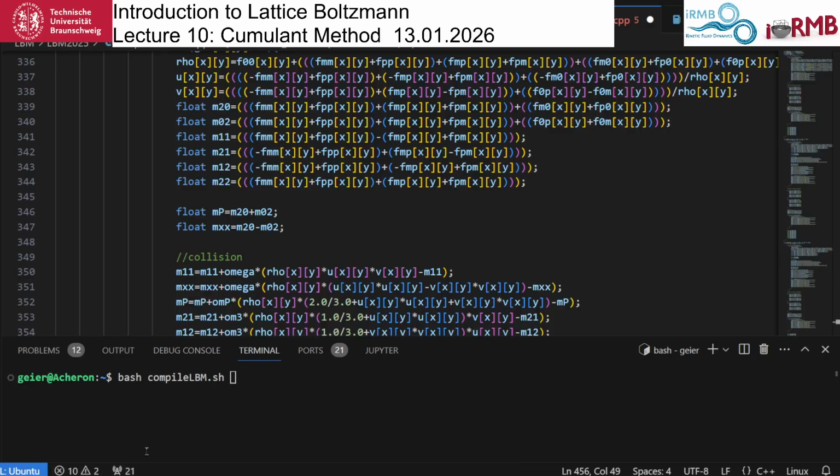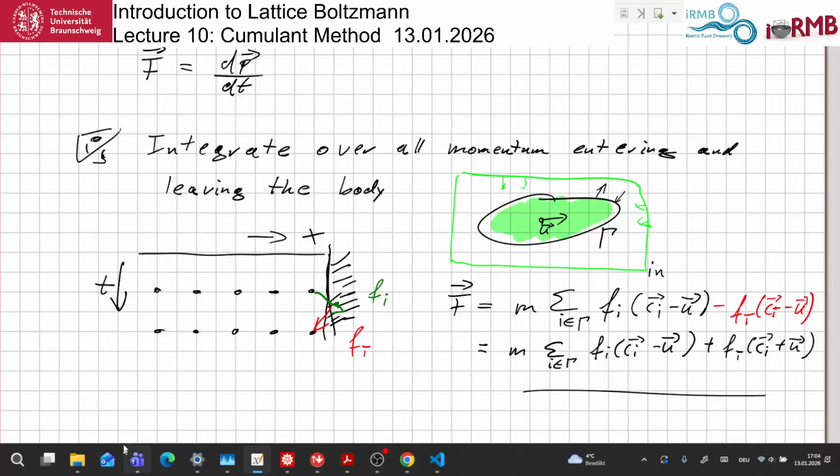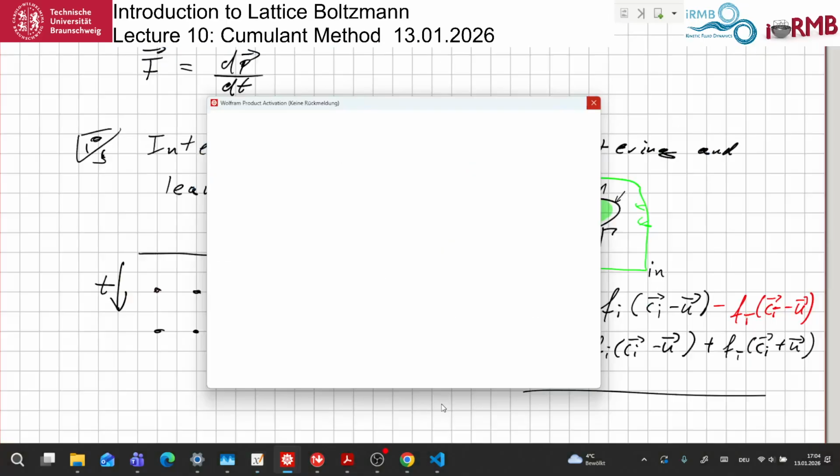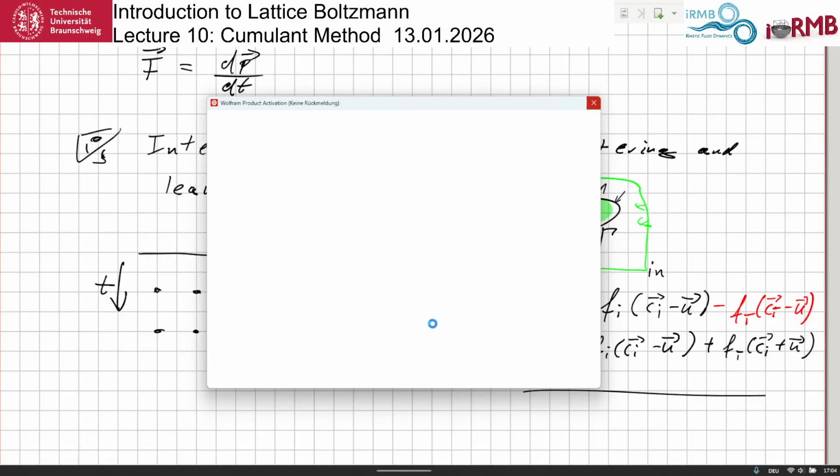What is not optimal is that I cannot go to my taskbar, and without my taskbar I will not be able to look into Mathematica, because this is what we need.